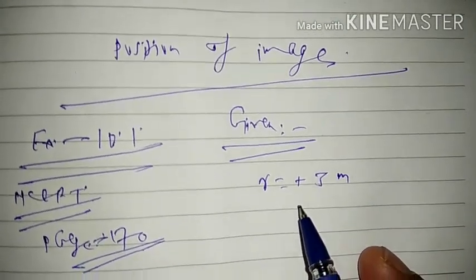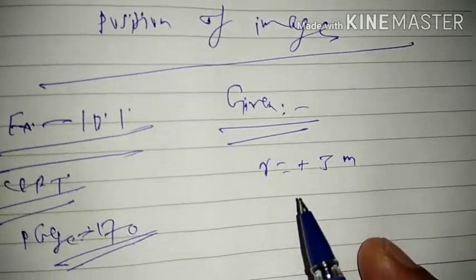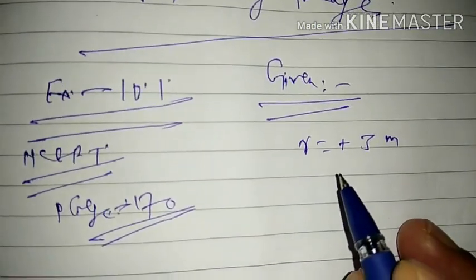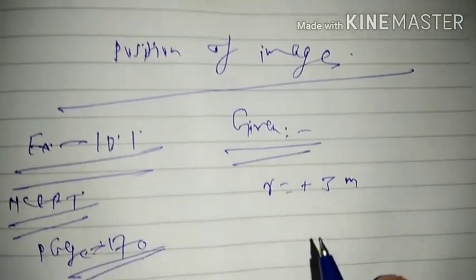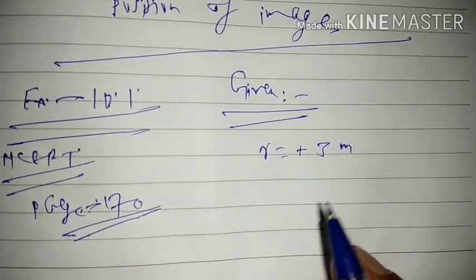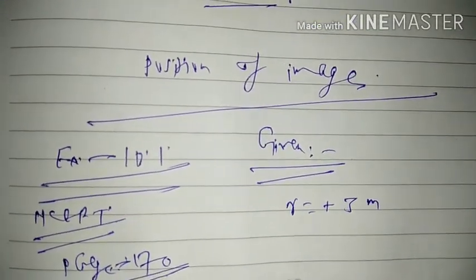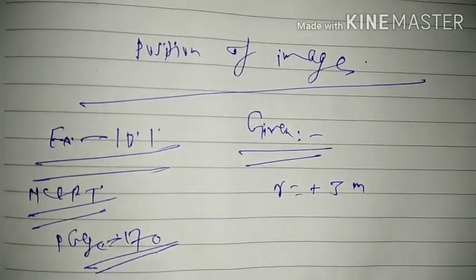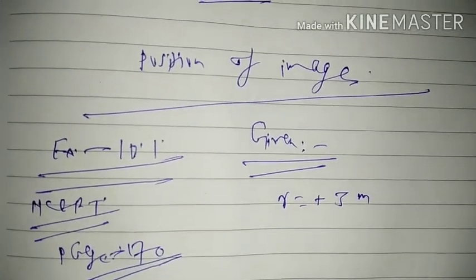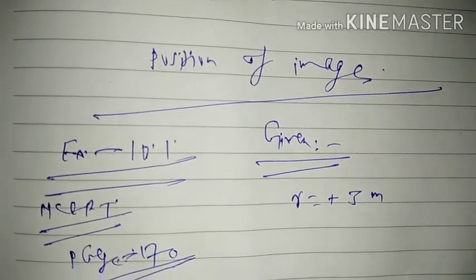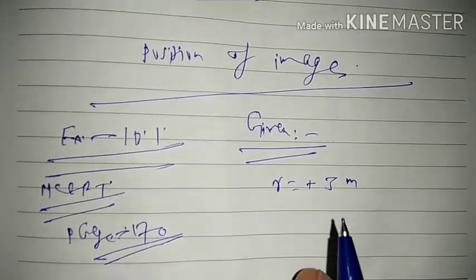This is physics. This is concept. This is use of sign convention. It will not be given in your numerical whether we have to write plus or minus before any physical quantity. But with the concept of sign convention, first of all we shall consider whether it is positive or negative.